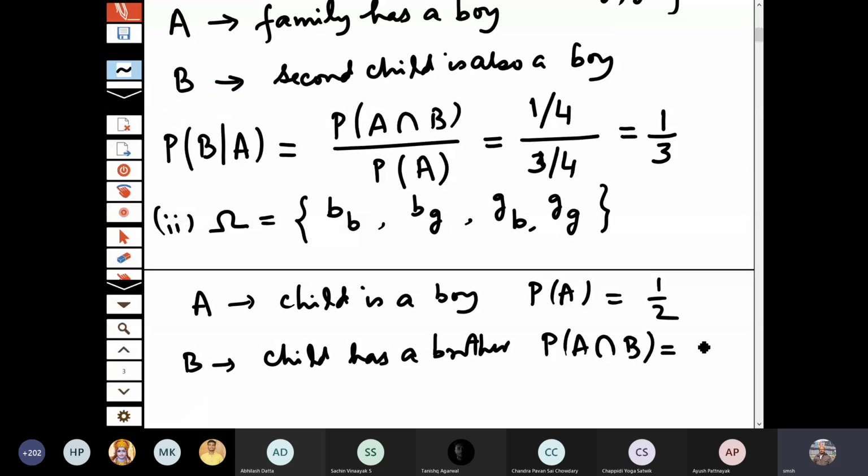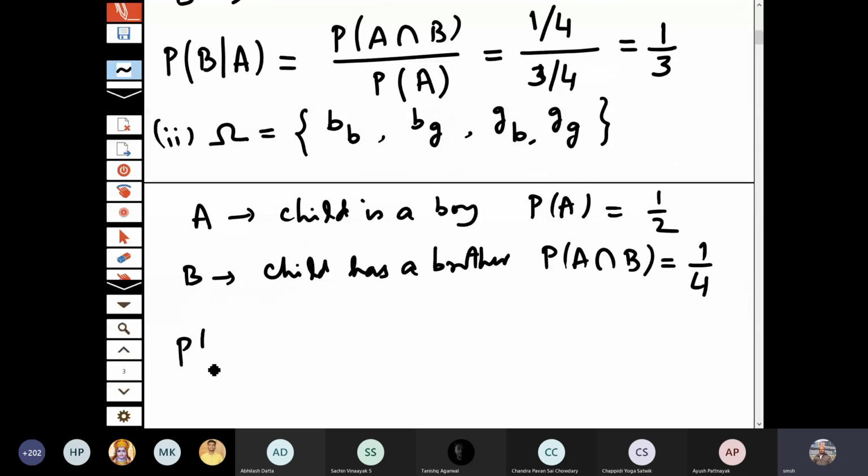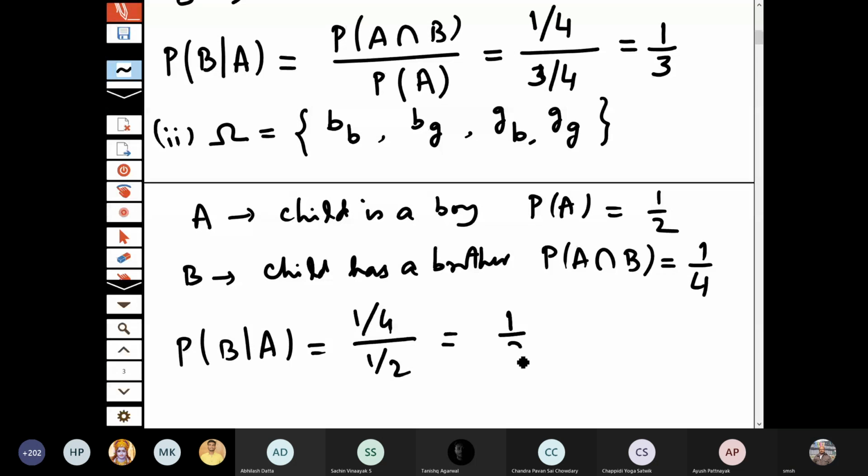That is 1/4. So the probability of B given A becomes 1/4 divided by half, that is 1/2. So you can see the difference between the two answers, because the way the sampling is done changes your answer. This is what I wanted to bring out here.